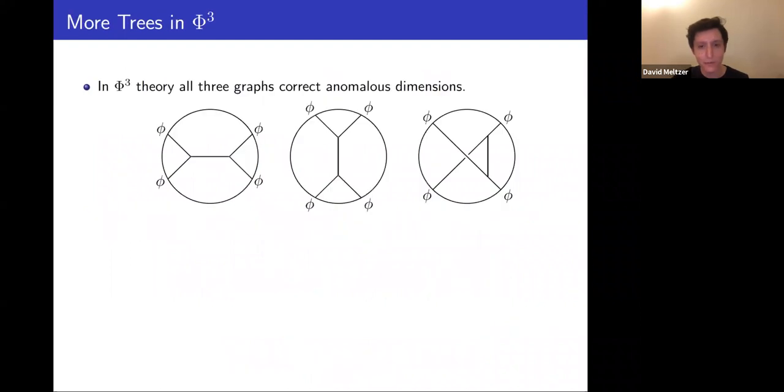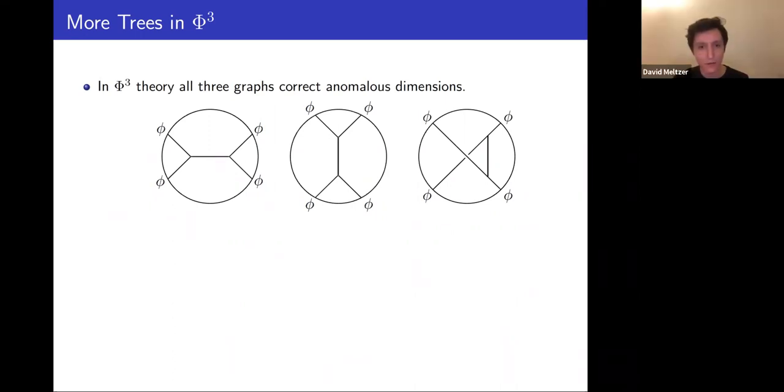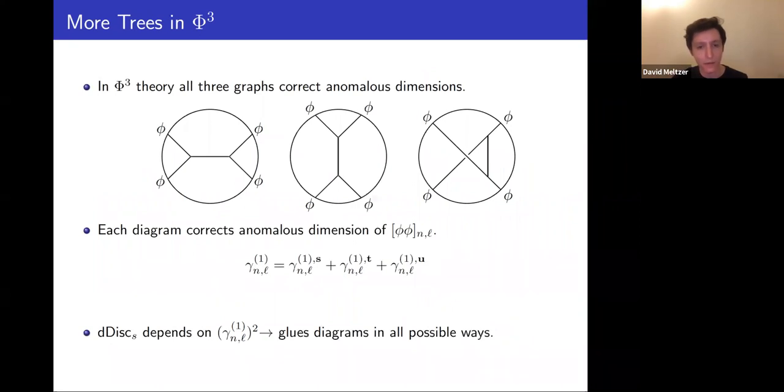So now I just want to end with a picture about how to glue diagrams in general in terms of the OPE data. In phi cubed theory, I have three exchange graphs corresponding to S, T, and U channel exchange. And the idea is, since the double-discontinuity depends on the anomalous dimension squared, it's going to glue together different diagrams depending on what anomalous dimensions I multiply.